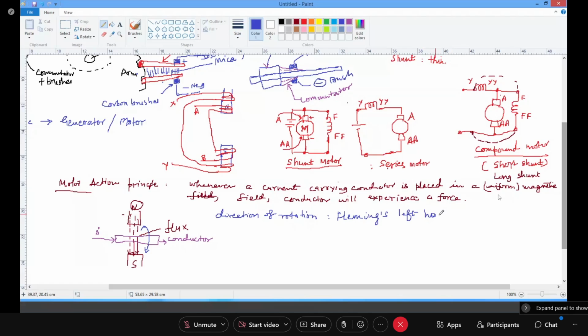So the direction of rotation will be given by Fleming's left hand rule. Anybody having knowledge of this? Can somebody say something on Fleming's left hand rule?